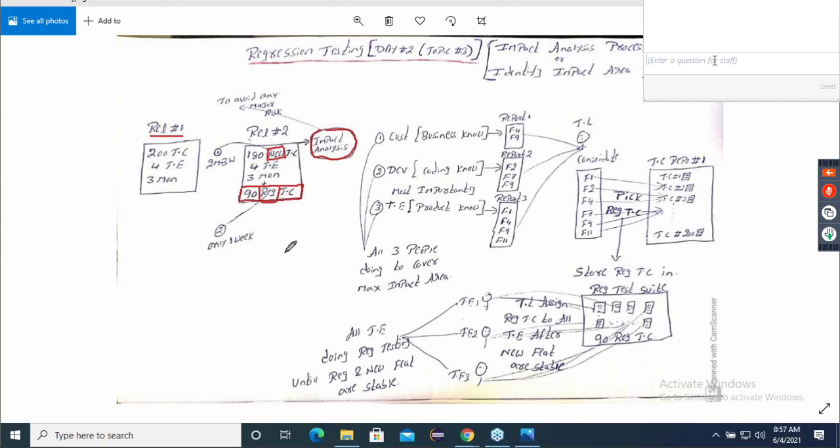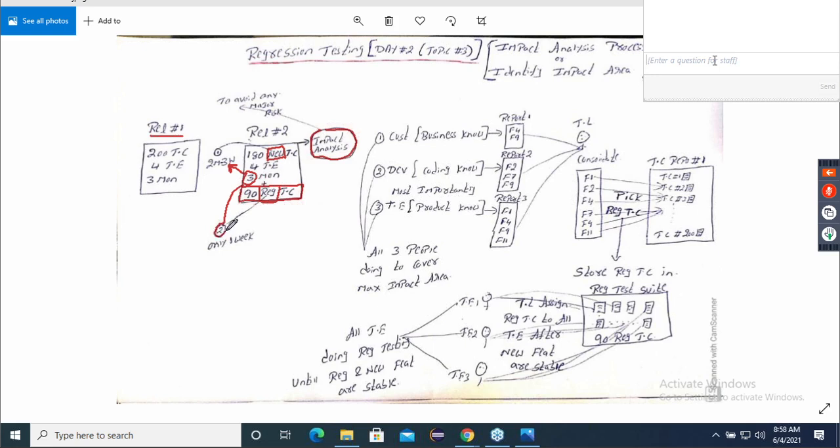That statement is clear. Second statement: the duration of release number 2 was 3 months, guys. Total duration was 3 months. Out of 3 months, you observe 2 months, 3 weeks is given for new features only, and only 1 week is given for regression features.